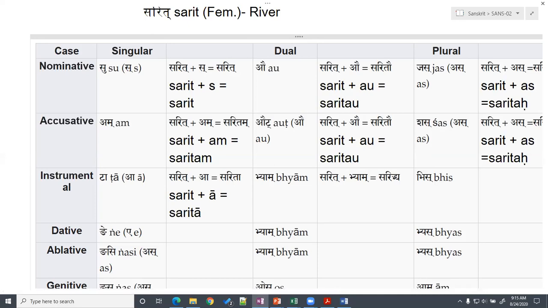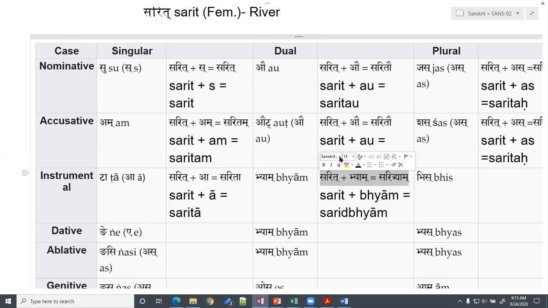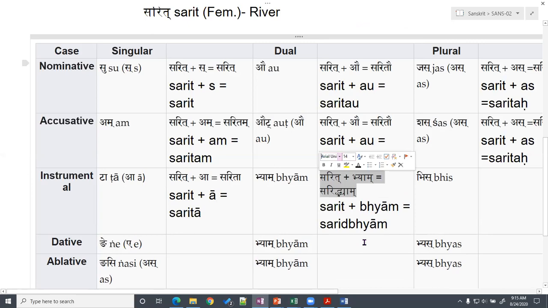It becomes sarid bhyam. It's probably a little easier to read this way. Many times when you write by hand, you don't write it like this; you make them separate. It's just slightly easier to read that way.